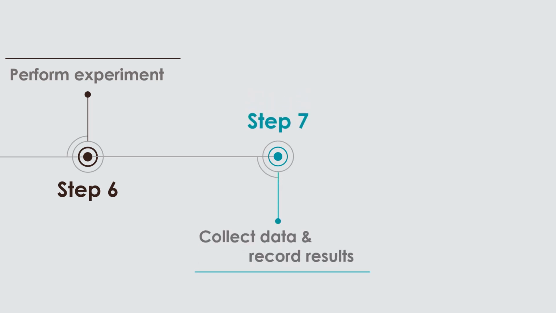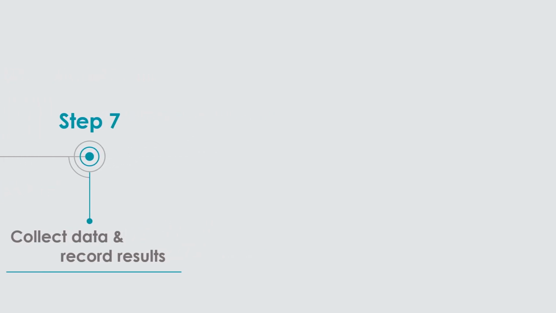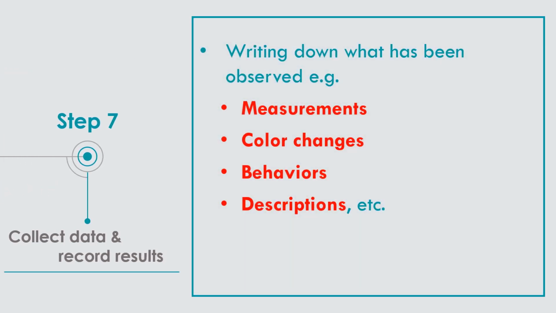Step 7. Collect data and record results. You need to write down what has been observed, such as measurements, color change, behaviors, and descriptions.